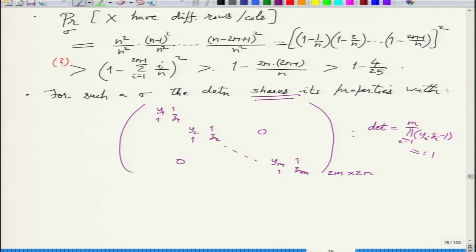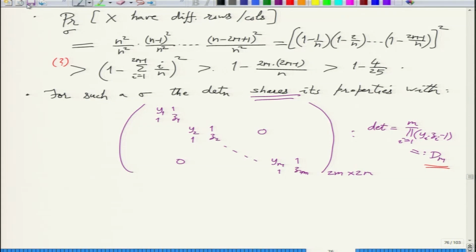Let's call it dm. This is really the variable part, and for this random sigma, what you will get is this multiplied by some constant plus another constant. So when you look at the measure, you are really computing the measure of this 2m-variate polynomial.